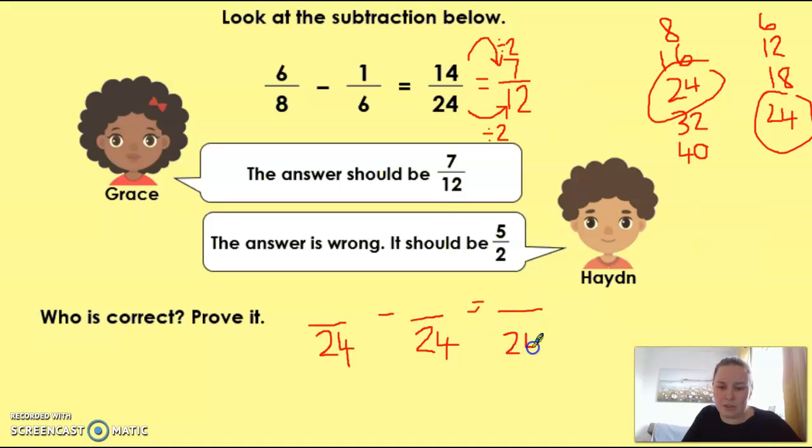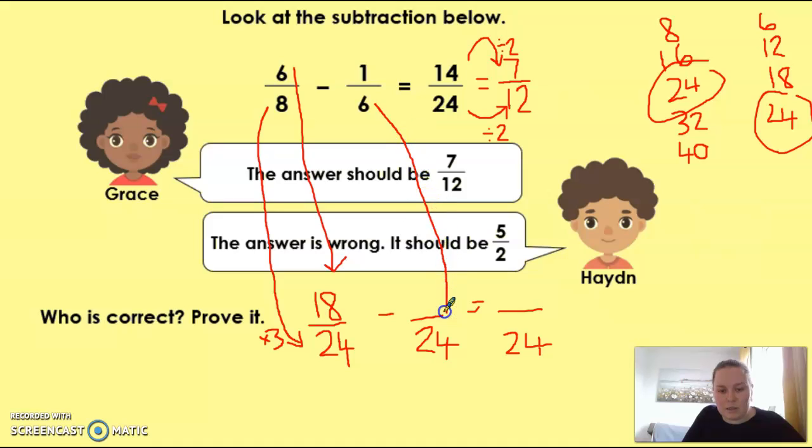Okay, and now just to show that, I'm going to scribble down over Grace and Hayden a minute. So 8 times what is 24? Times 3. So 6 times 3 is 18. 6 times what is 24?